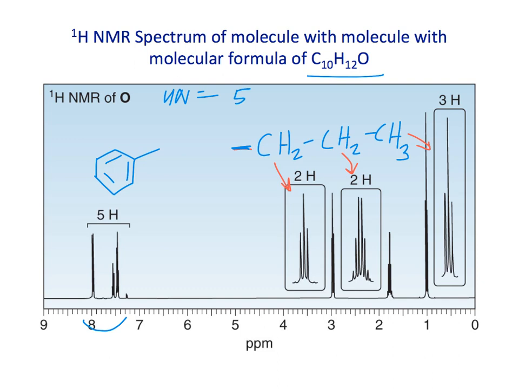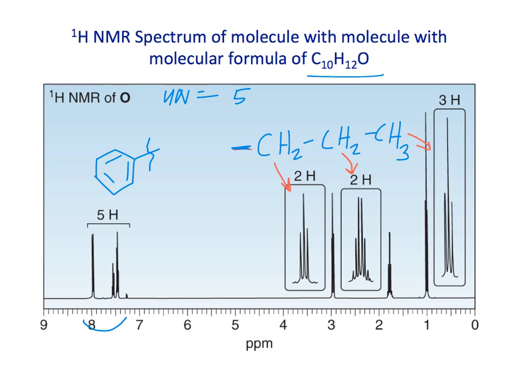We've used up how many protons? All of them, right? Because there's 5 protons over there, and there are 7 protons over here, so 12. We've used up all the hydrogens already. We don't know what's attached to that. This is just like a bond to nowhere at this point.